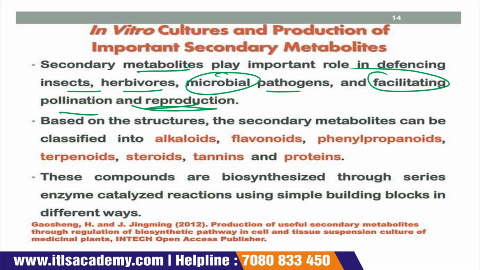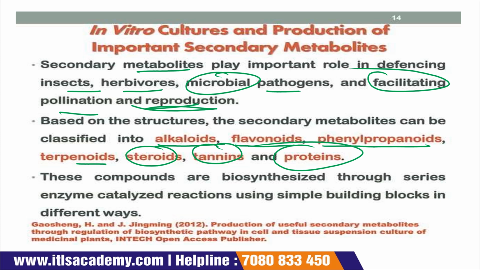It totally depends upon the structure. The secondary metabolites are classified into different groups: alkaloids, flavonoids, phenylpropanoids, terpenoids, steroids, tannins, and proteins.